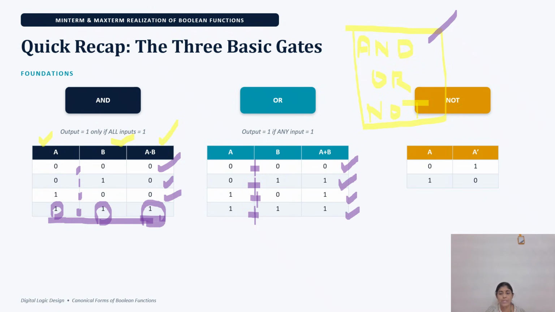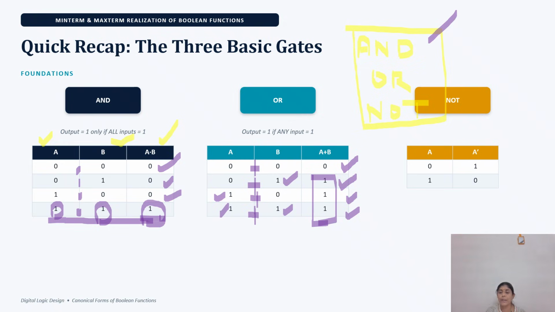As well as 1 plus 1 is 1. These 3 outputs are 1, which means any one of the inputs should be 1. Here B is 1, here A is 1, and in the last case either A or B. So the output is equal to 1 if any of the inputs is 1.